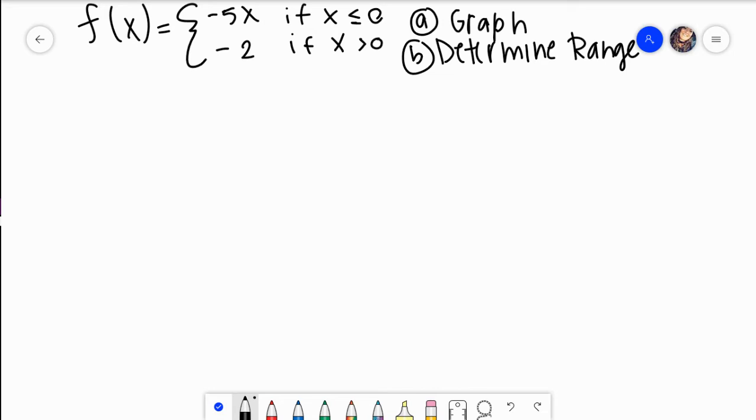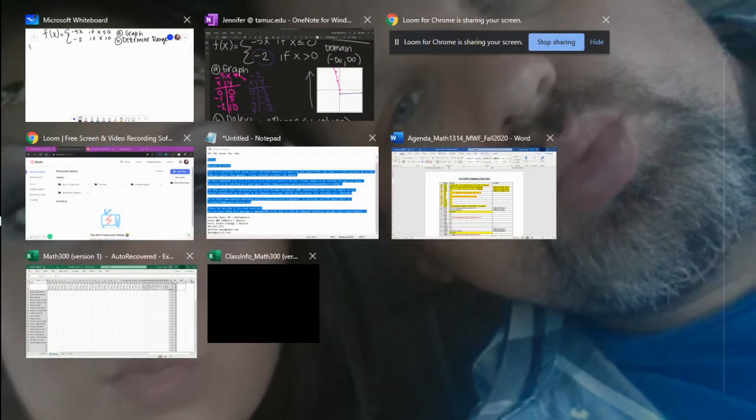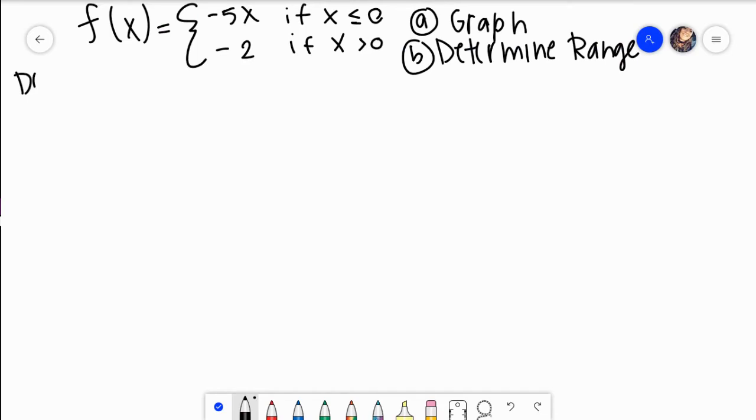And a very important thing that they tell us is that the domain of this function is all real numbers, written in interval notation. What we have is the interval negative infinity to infinity.